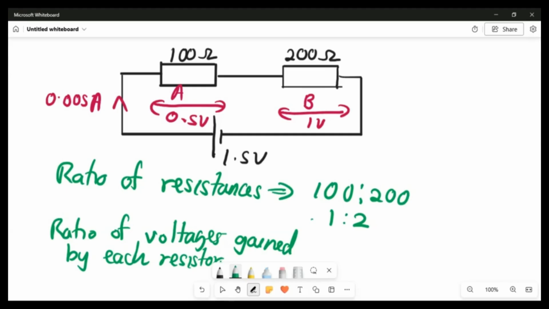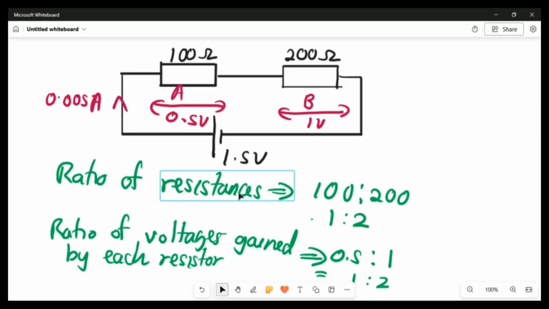In this case, the 100 ohm resistor has a voltage of 0.5 volt and the 200 ohm resistor has a voltage of 1 volt. So there also the smallest ratio is 1 to 2. So you can understand that in a series connection, the ratio between resistances is equal to the ratio between voltages.